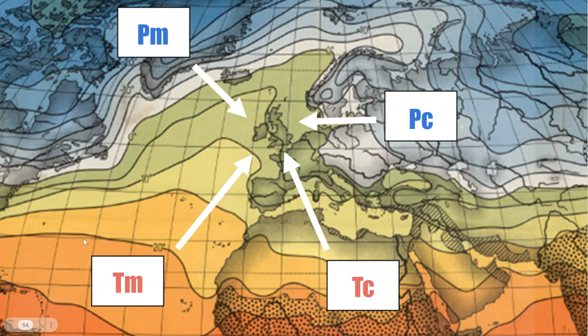Occasionally we'll have air masses coming from different directions, and so you can have one coming here from the east. This is known as polar continental because it comes kind of from the northeast. Polar continental air mass, so in the winter when it's coming from here, it's going to bring very, very cold weather. And it also is a continental air mass.